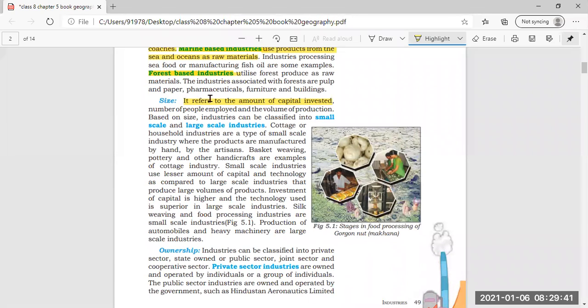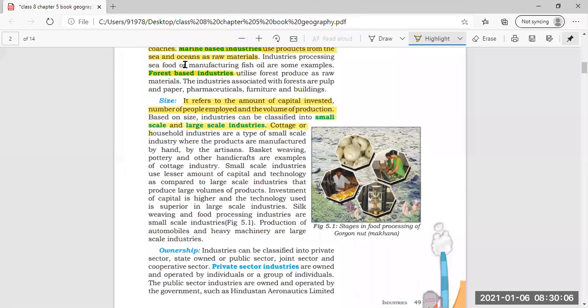That means size refers to the amount of capital invested, the number of people who have joined that industry for production, and the volume of production. Now, based on size, industries can be classified into small scale and large scale.